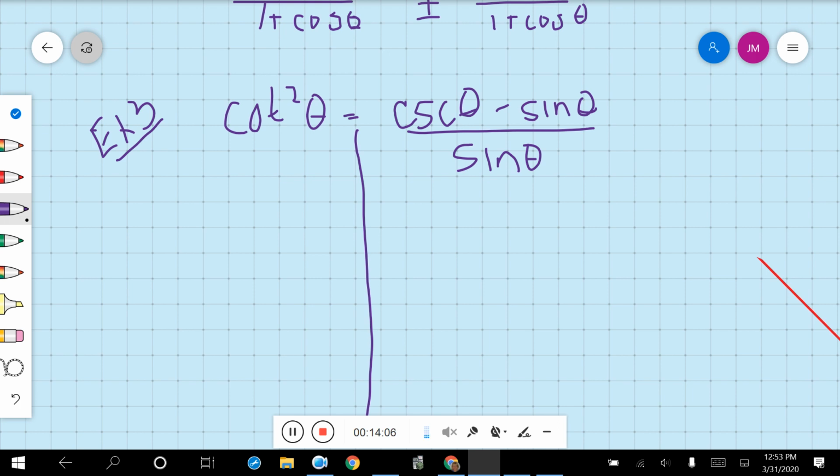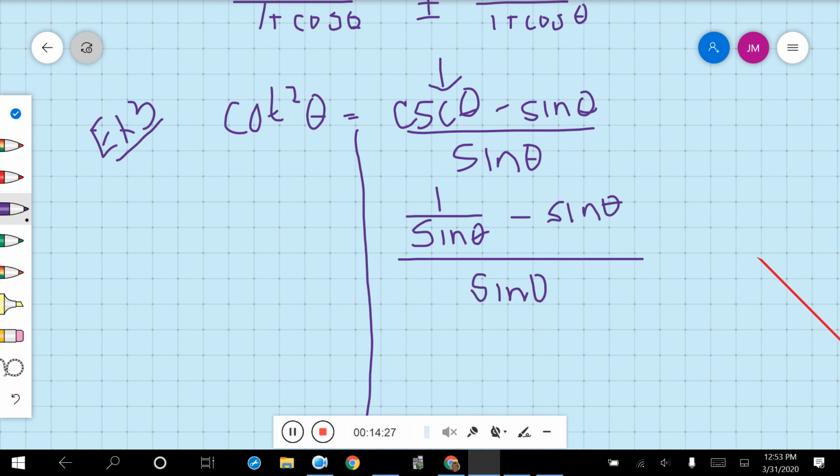The only thing I can see to do is replace cosecant theta with 1 over sine theta. So I have 1 over sine theta minus sine theta, all over the sine of theta.